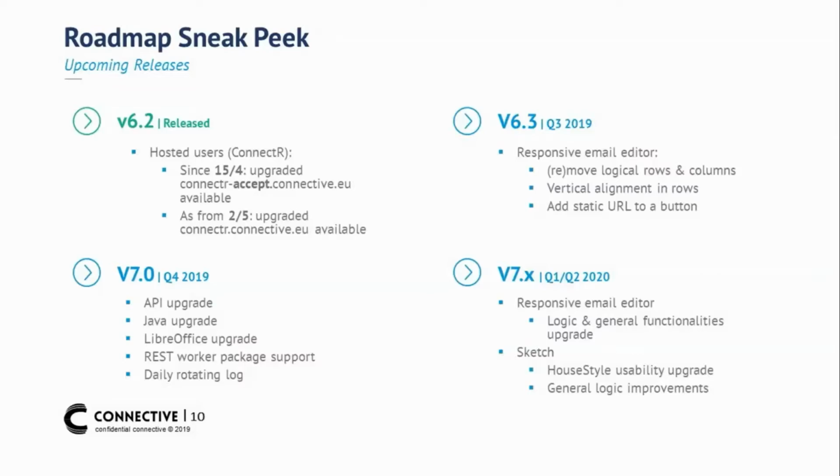We'll further work on what the REST worker is capable of so that we are able to really manage multiple documents and multiple responses within that REST worker. And we are taking a better look at how we manage our logging, so that will also be more easily manageable both by us and by our on-premise clients.